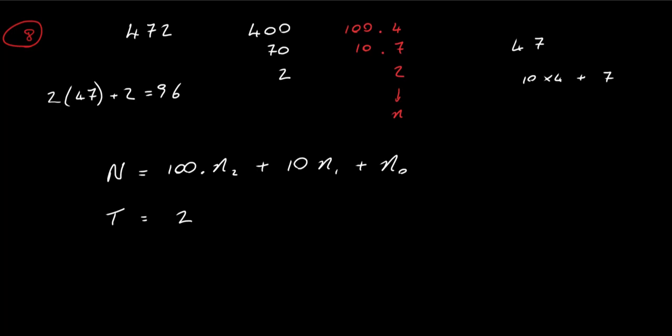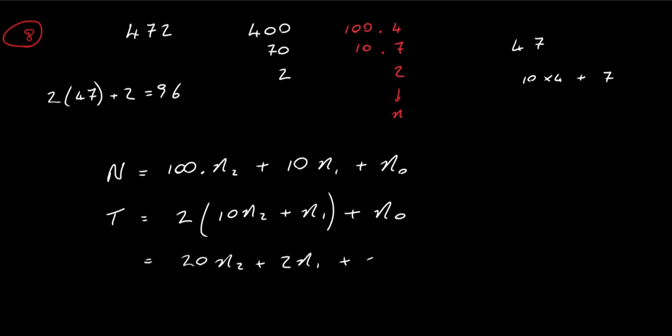So in other words, we've got to take twice 10 n2 plus n1. This is our two-digit number. And then we've got to add the n0 at the end. So now what I'm going to do is just multiply that out. That'll give us 20n2 plus 2n1 plus n0.